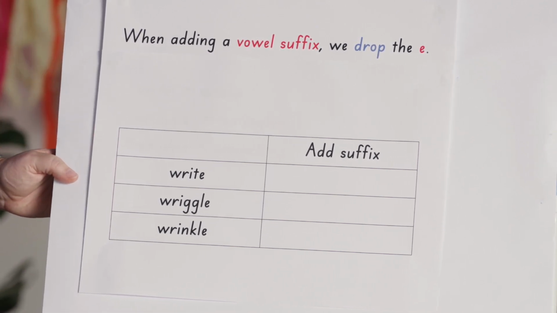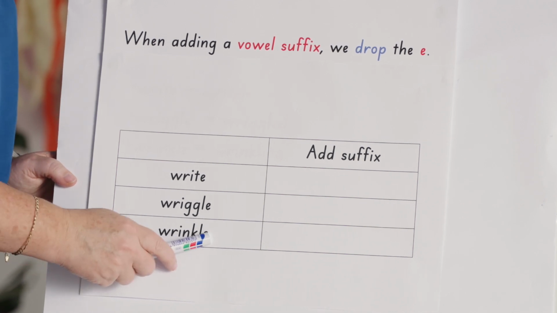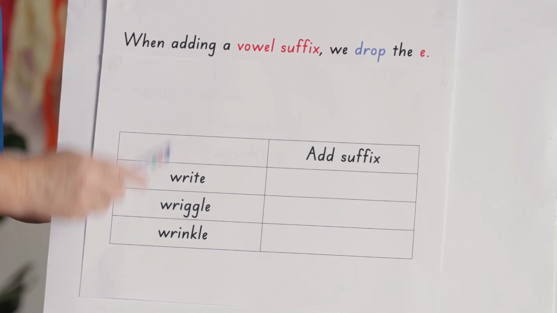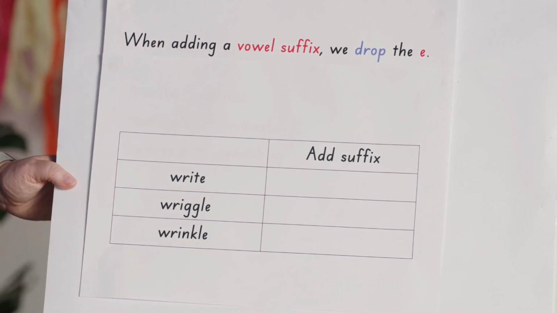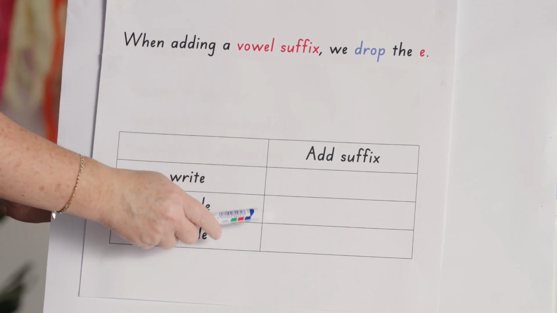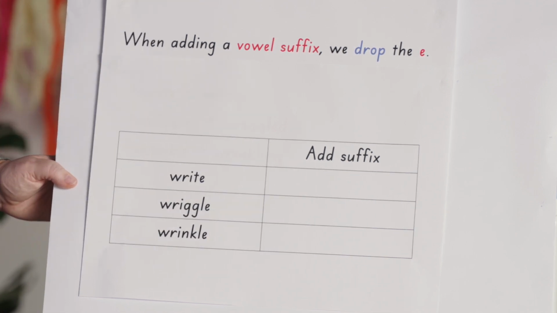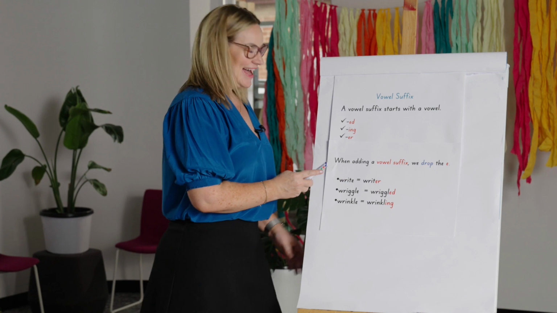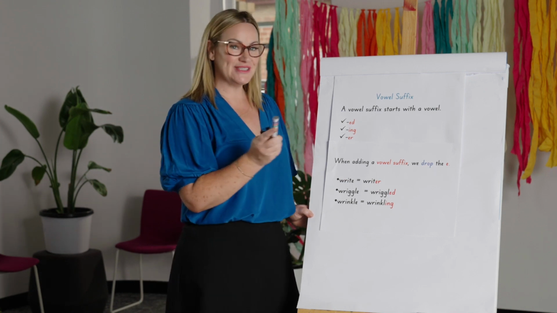Last one today. Wrinkle, I would like you to add the suffix ing, wrinkling. So wrinkle will become wrinkling. Write the word. When you're ready, press play again and I'll have the answers up here. Okay, how did you go? Did you remember to use that rule?